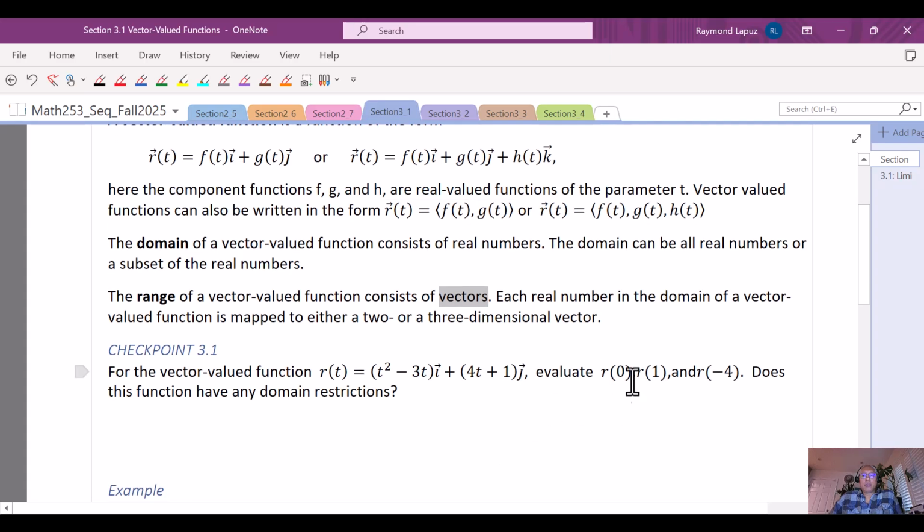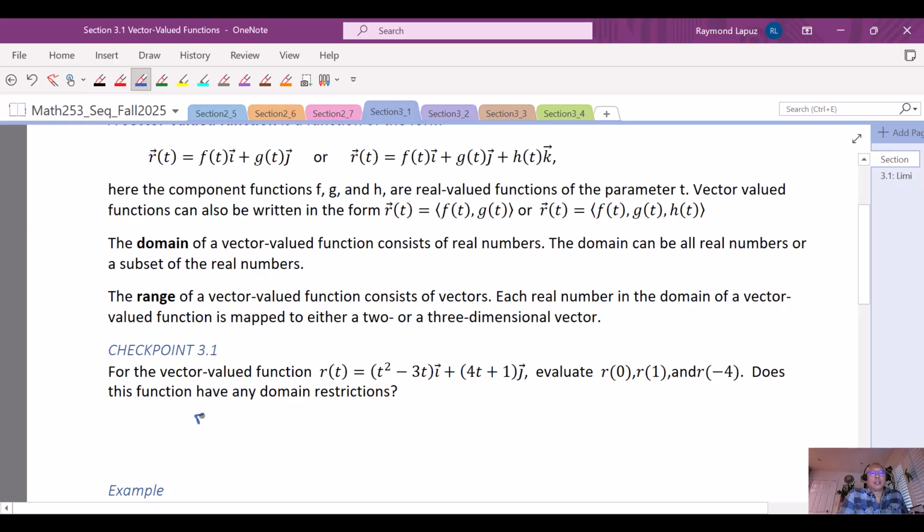So here's an example of a vector-valued function. They're asking us to find r of 0, r of 1, and r of -4. So just like any other function that we've seen before, we're simply going to be putting the values for t into this vector-valued function.